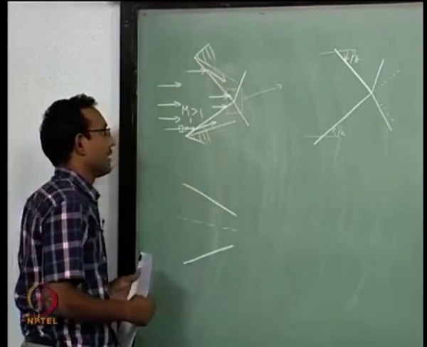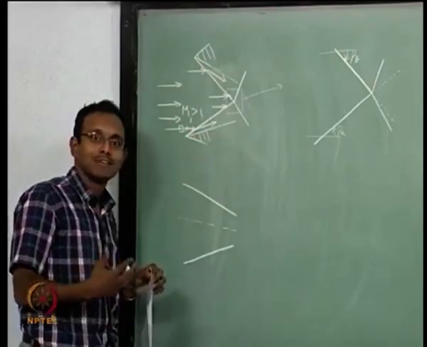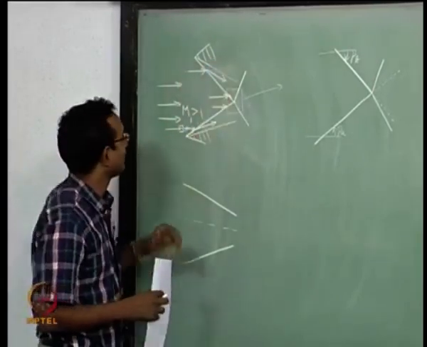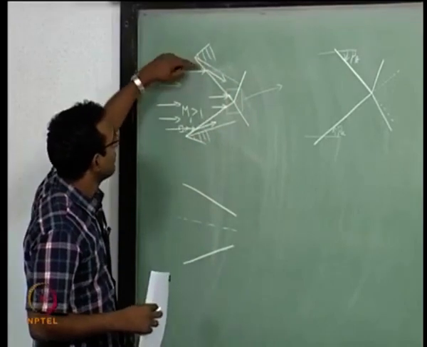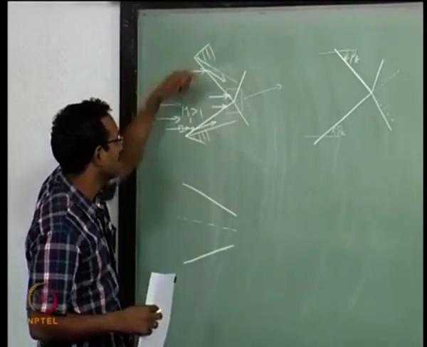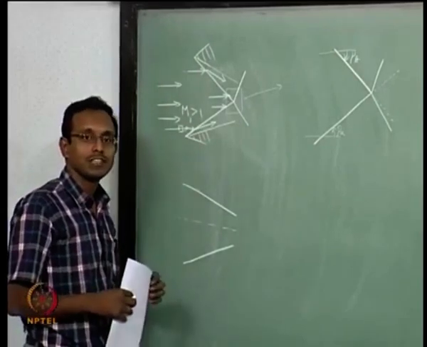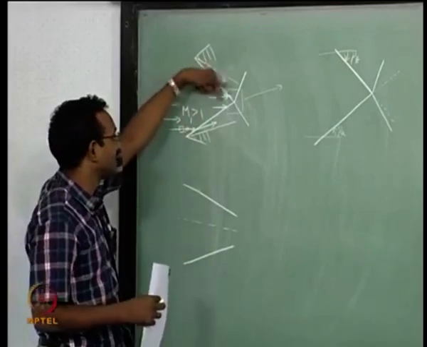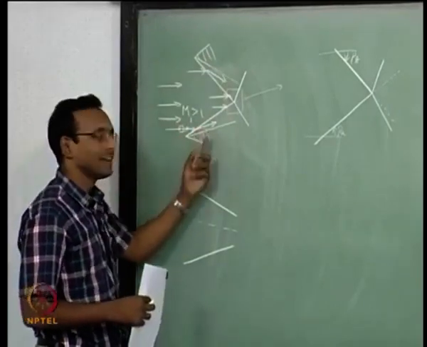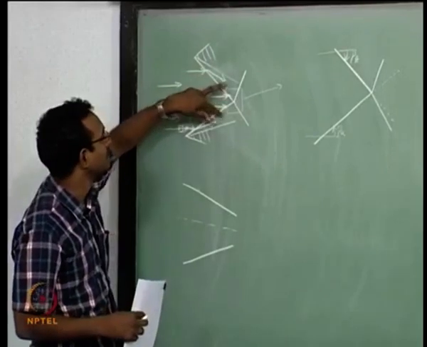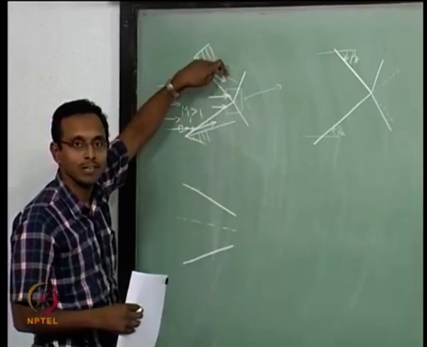I do not have a flash animation to show this, but it is going to do something like that. If I do that, then I am going to say this particular piston is moving faster than this one. What does that mean? The shock that is coming here is going to tell, run fast this way. This is going to tell run fast this way, but this fast is more than this, because this is moving much more sharply into the flow.